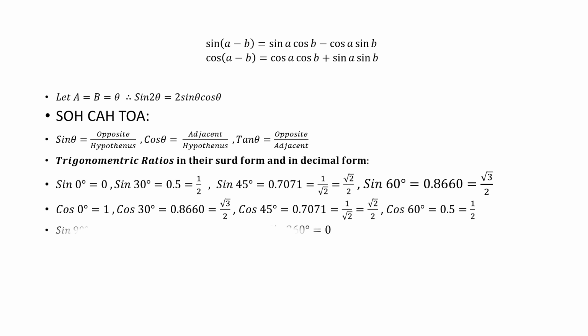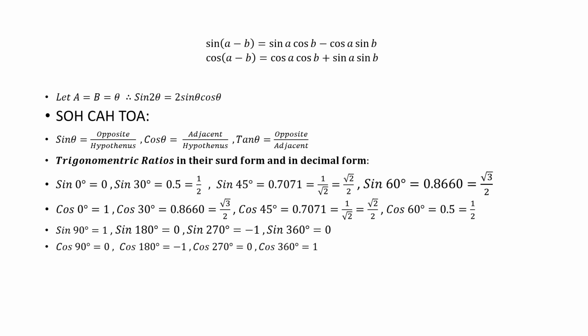So let's extend that. Sin 90 equals 1, sin 180 equals 0, sin 270 equals minus 1, sin 360 equals 0. It will help you a lot. Don't underestimate this. Cos 90 equals 0, cos 180 equals minus 1, cos 270 equals 0, cos 360 equals 1. Please don't mind the noise.